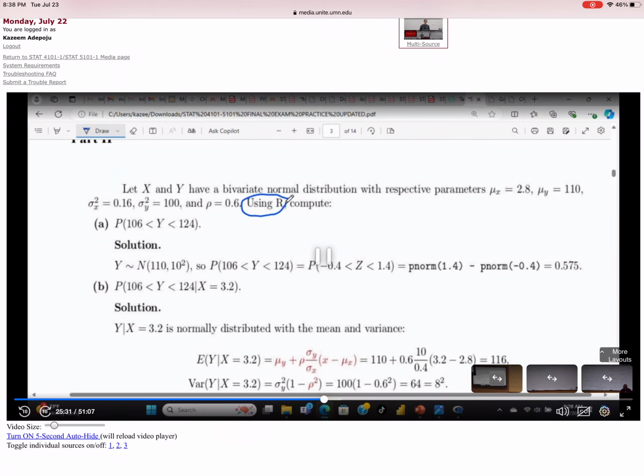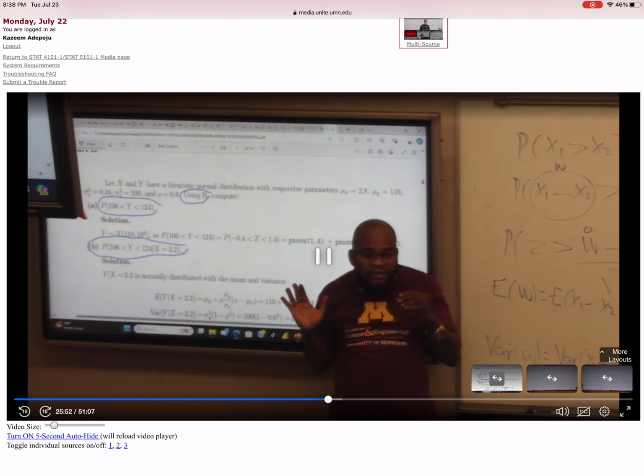Now, the question said, find the probability of Y lying between 106 and 124. Please, I need you to pay attention. There's a difference between A and B. If you look at A, it's talking about Y, the random variable Y. Y doesn't depend on anything.